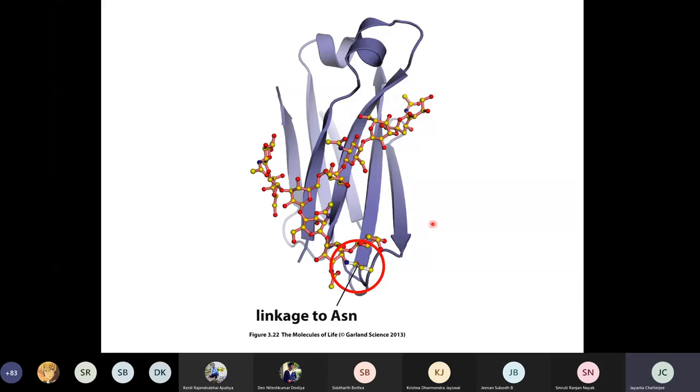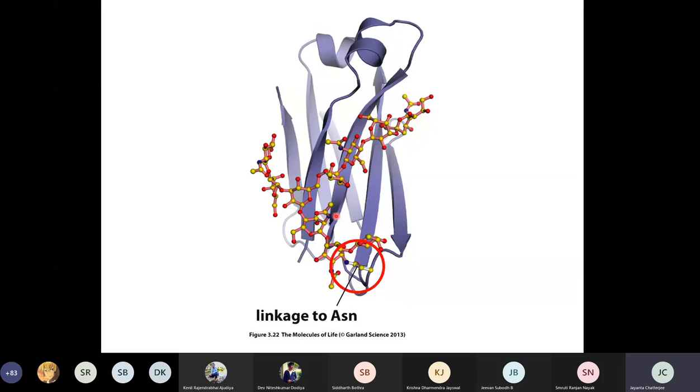However, if you have a very simple oligosaccharide, you can even count, there will be probably 13 or 14 oligosaccharide units, which cover a large surface area on the protein.